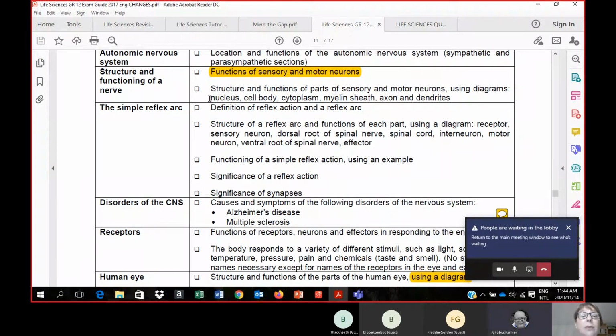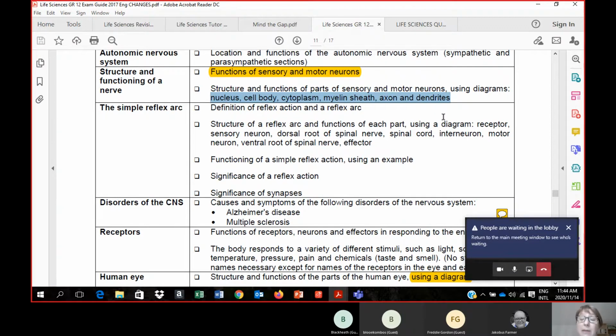And there it tells you these are the labels that you must include: nucleus, cell body, cytoplasm, myelin sheath, axon, and dendrites. Okay, so you will see some textbooks talk about Schwann cells and neurilemma and Nissl granules and so on. But according to the examination guidelines, those are the labels that you need to know. So that is why it's very important to always refer to these.